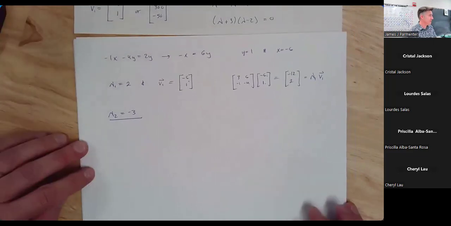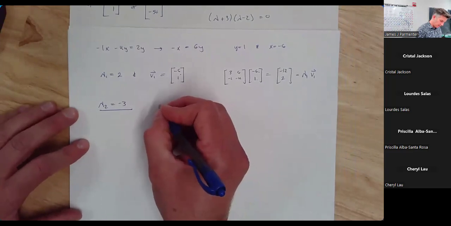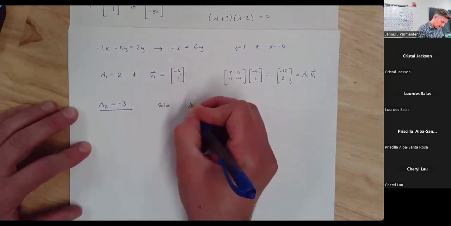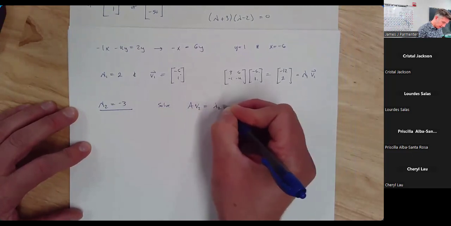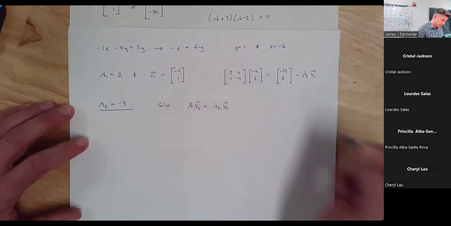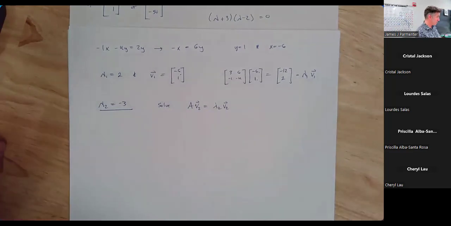I'm a fan of this process where you are trying to solve A times your eigenvector equal to lambda times your eigenvector. I'm going to do this one two different ways, just so you can see it another way.